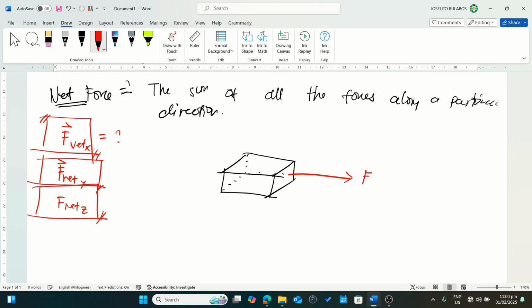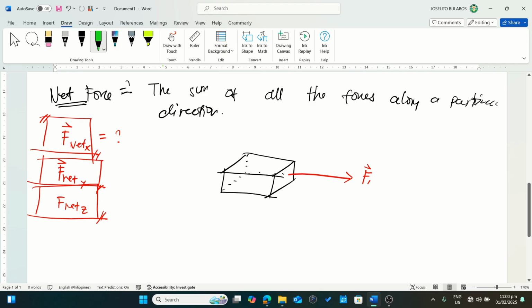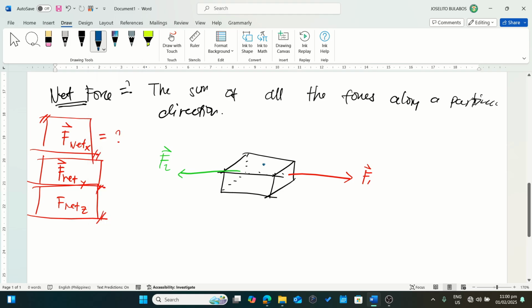Let's say this is our force F1. Another person is pulling the box in this direction. This is our F2. And suppose we have a third person pulling the box at a certain angle, along this direction. Let's say this is our F3.